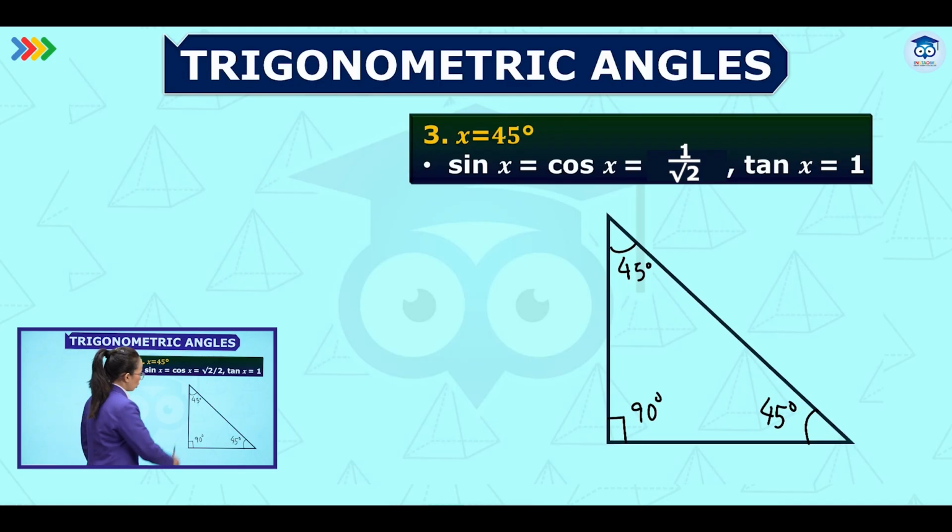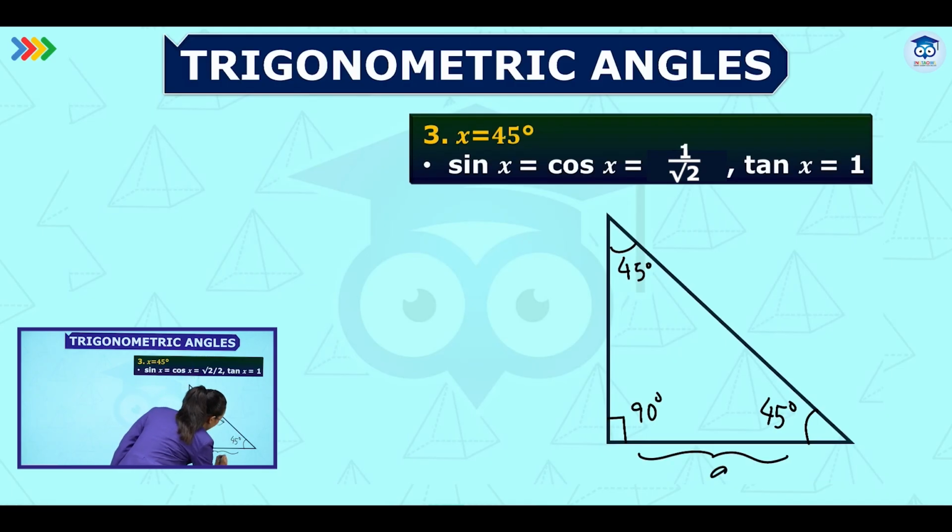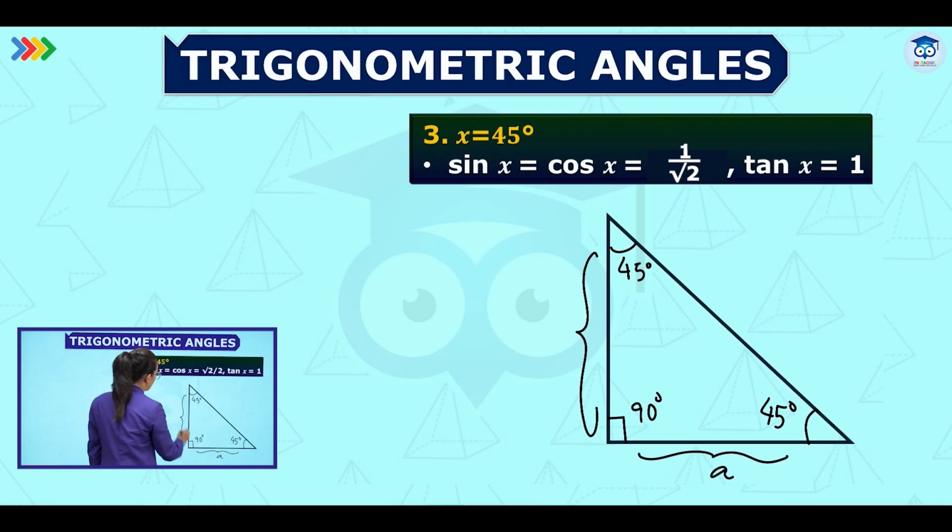Now, when we look at this, it is an isosceles triangle. In an isosceles triangle, we know that the two angles are equal and opposite sides are also equal. So suppose this is A, then this has to be A.